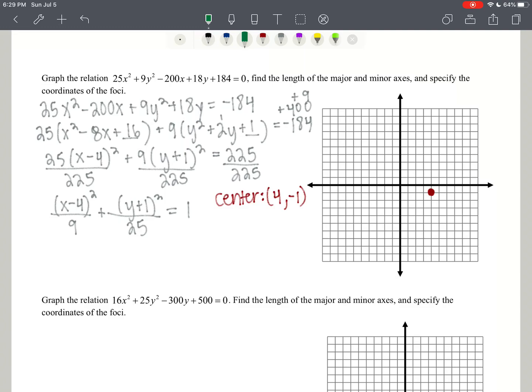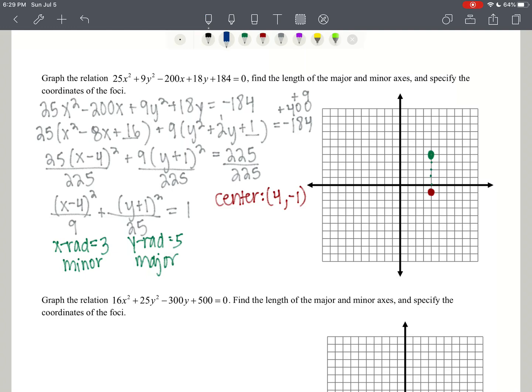We've got an x radius, which is going to be our minor radius. So this is equal to 3, but it's the minor axis. And then we've got our y radius, which is equal to 5, and that's the major axis. So this is going to look a little bit different. We're going to go up 5: 1, 2, 3, 4, 5.